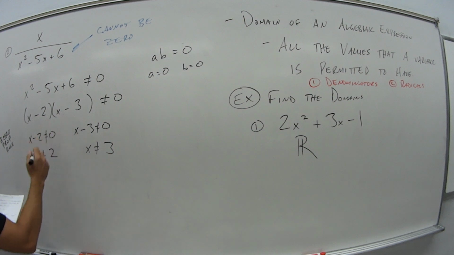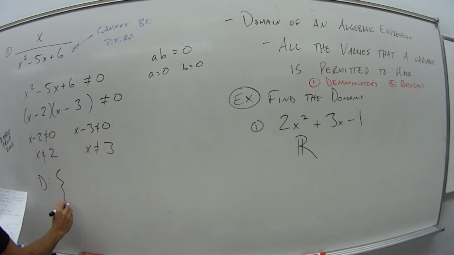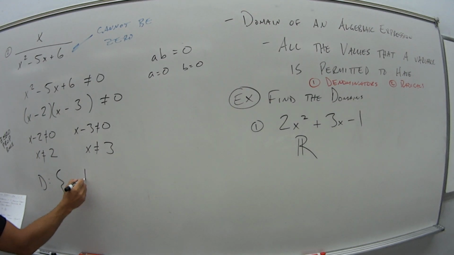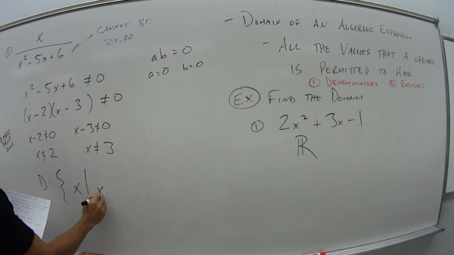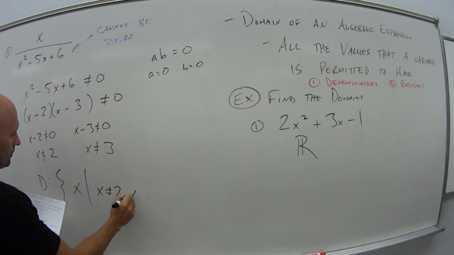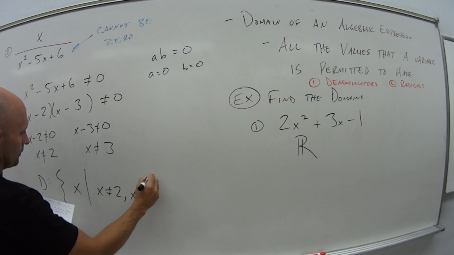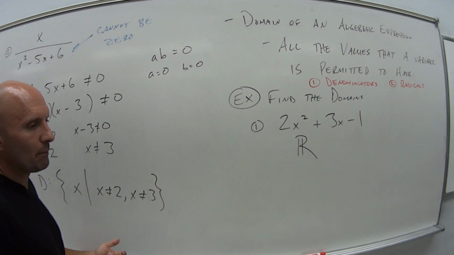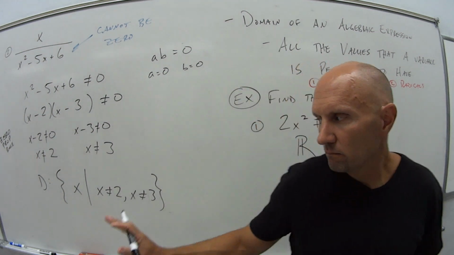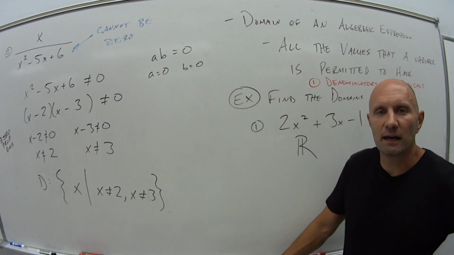So if we want to put it in set notation, we say that the domain is any value of x such that x is not equal to 2 and x is not equal to 3. Now, I'm not going to get super picky about your notation if this is on an exam.